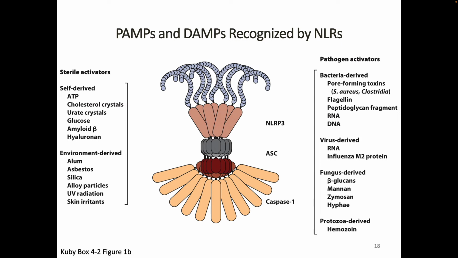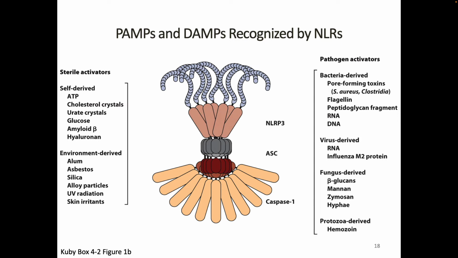And you can see we've got ATP, cholesterol, urate, glucose, amyloid beta, alum, asbestos, silica, UV radiation, skin irritants, and a number of different microbial products. And so you can see how inflammation downstream of these NLRs can be related to a lot of different clinical conditions.